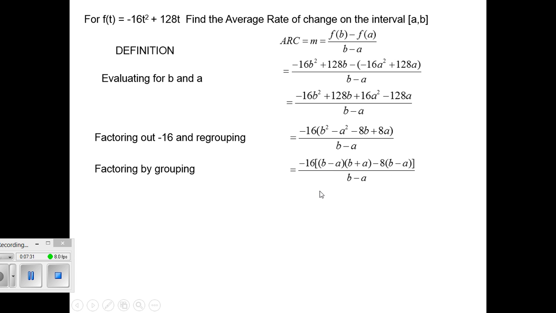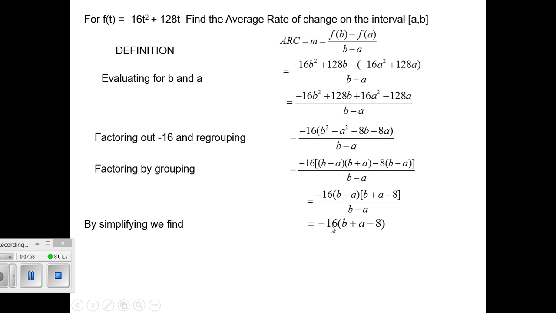B minus a comes out as a common binomial factor, as shown down here, okay? So now the numerator is fully factored, okay? B minus a is common to b plus a minus 8. We get a nice cancellation of the b minus a expression, okay, leaving us with this as our final expression.